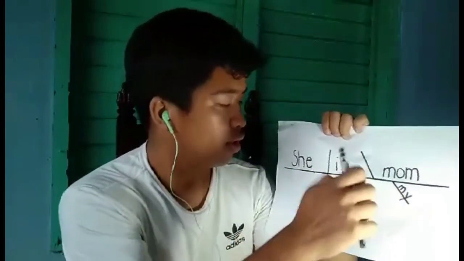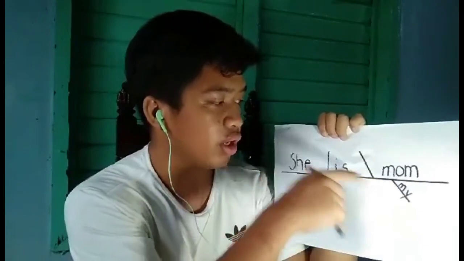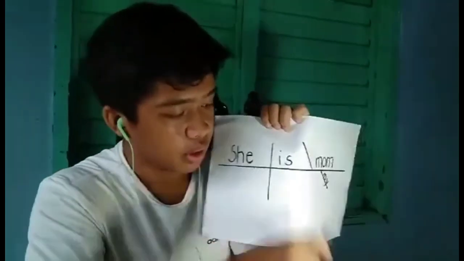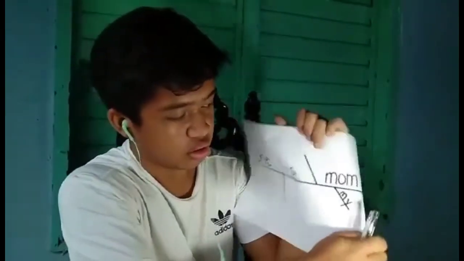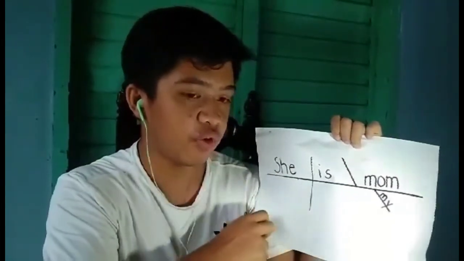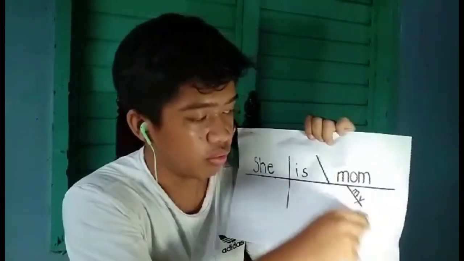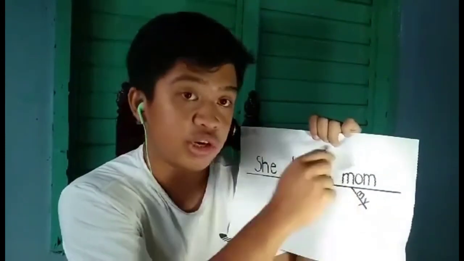And since mom is used to modify the subject, it will be like this, facing the subject. Then for the determiner, my, you will write it below the word mom.